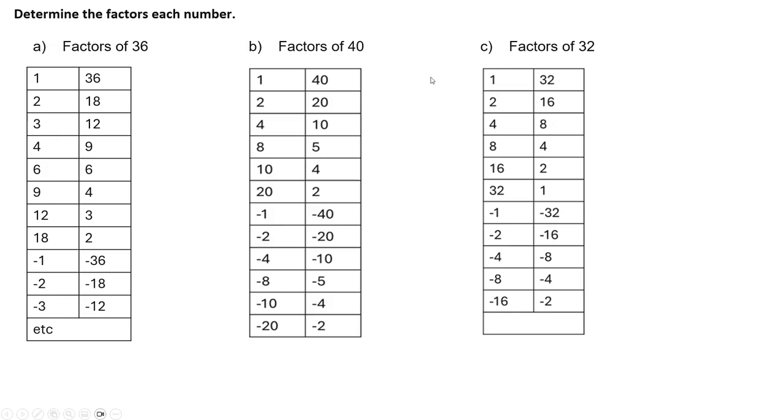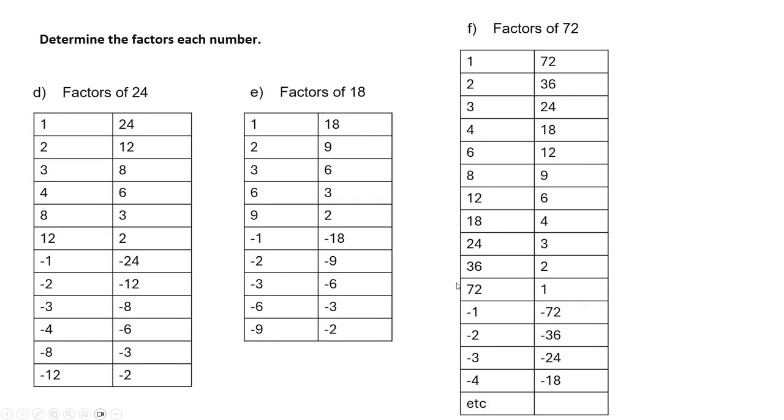Factors of 32. 1 times 32, 2 times 16, 4 times 8, 8 times 4, 16 times 2, 32 times 1. These numbers here are all factors of 32. All the factors of 24.